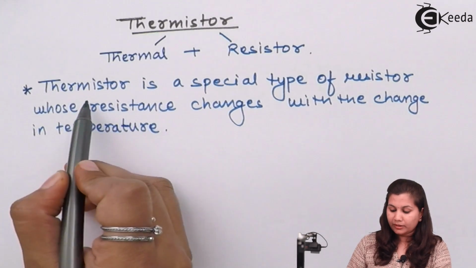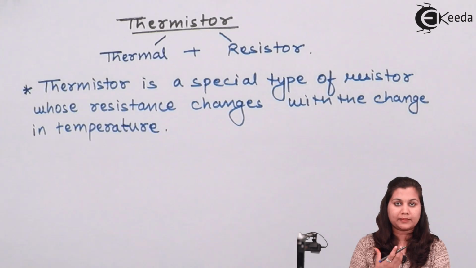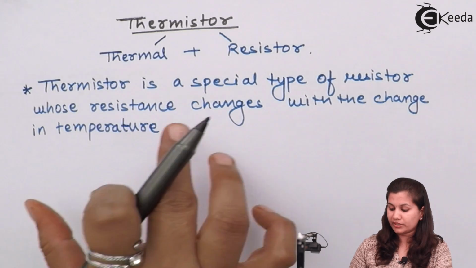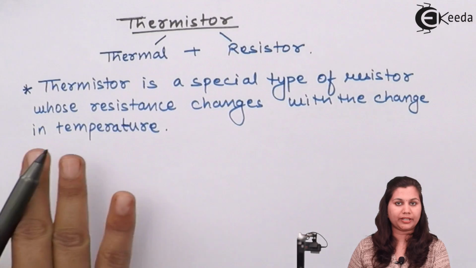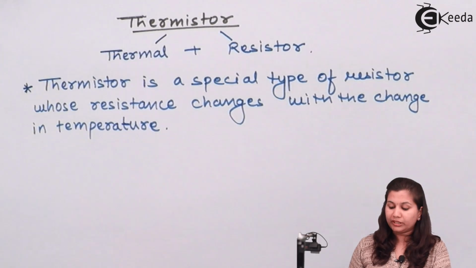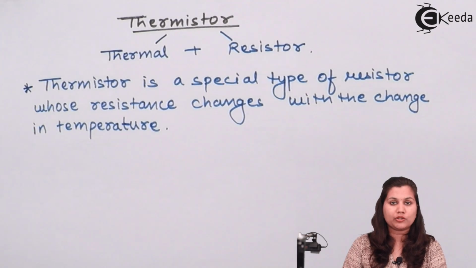So thermistor will be made up of a material whose resistance is going to change with the change in temperature. So with the help of thermistor, we can measure the variations in the temperature.